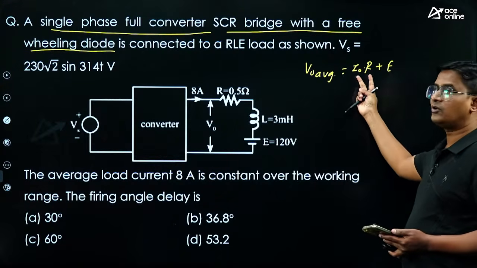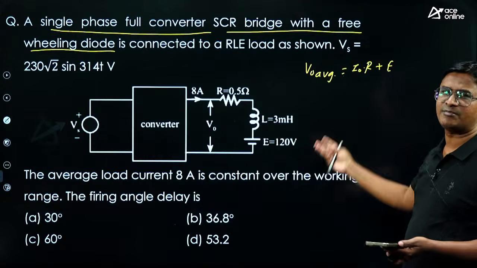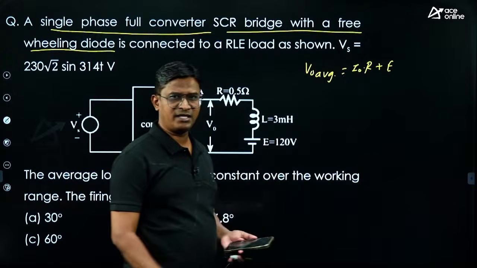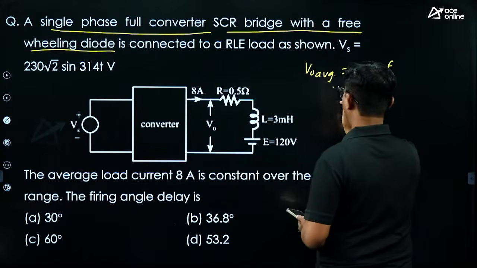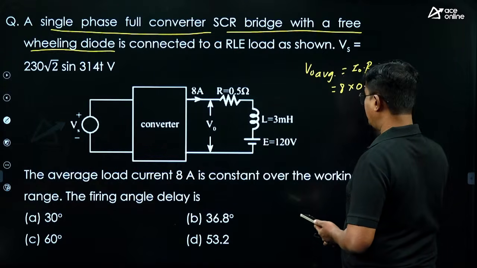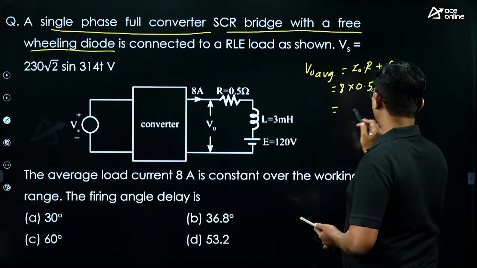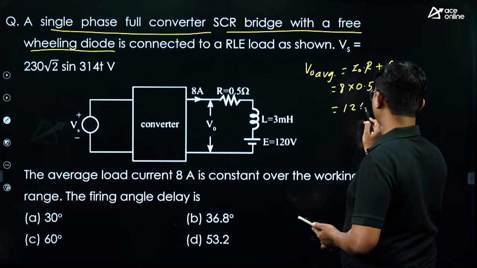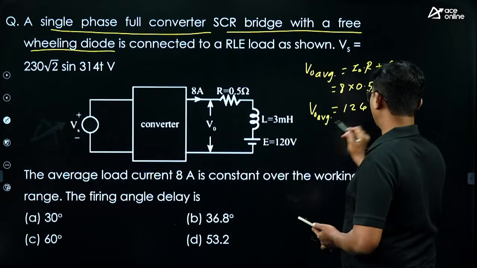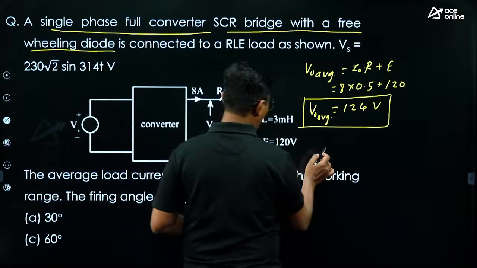This indicates average voltage across resistor, and this is the average voltage across EMF. EMF is a constant, so its average value is simply E, right? So now from this I can write 8 into 0.5 plus E is 120, right? So this is equal to 124. V0 average is equal to 124 volt. All right.